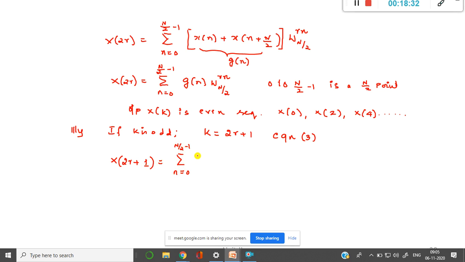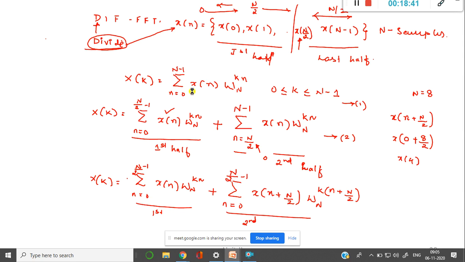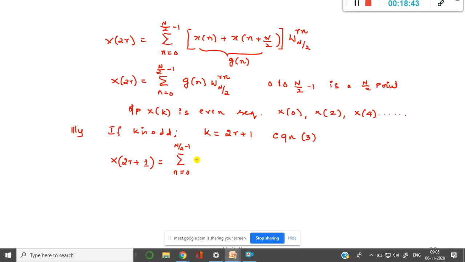Now going back, x of n W_N to the power of 2r plus 1, right? So that is x of n W_N, and here it is going to be 2r plus 1 into n.